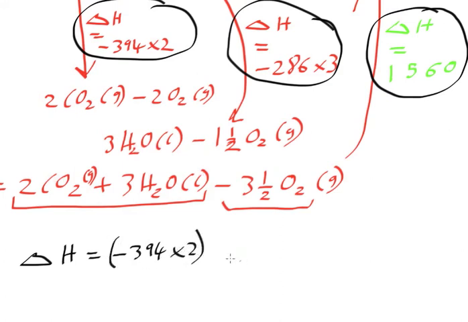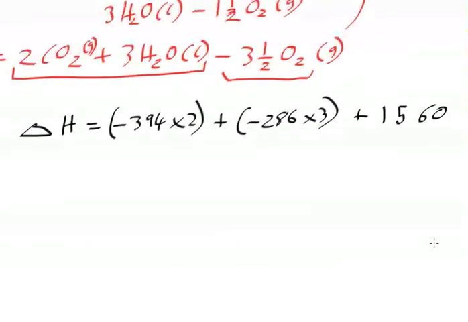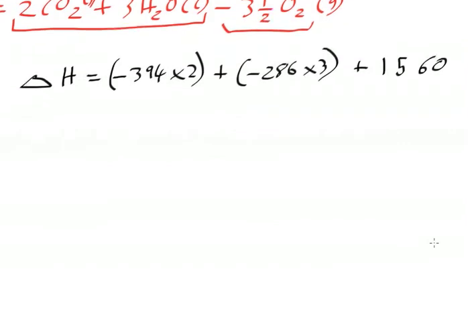Let's put that in brackets to keep it by itself, plus -286 times 3, keep that in brackets by itself, plus the 1560. So it's definitely more complicated. We're going to need to do a little bit of calculator stuff to turn this into something simpler.